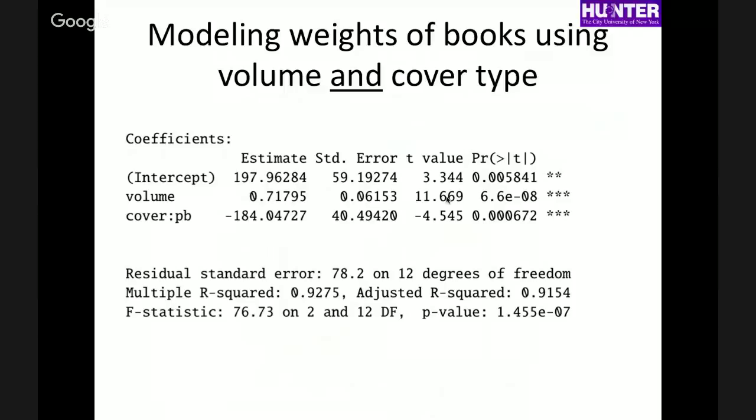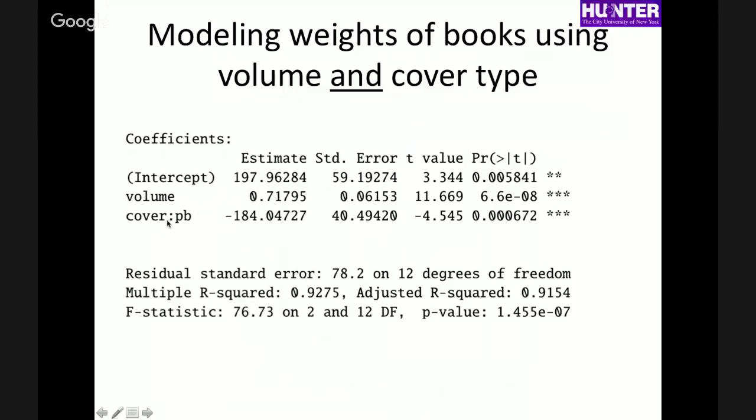And interpretation of this table is also not too much of a stretch from what we've already done. We've still got the intercept term. We've still got a volume slope. So we find that still, on average, a book that has 10 cubic centimeters more volume weighs 7 grams more.